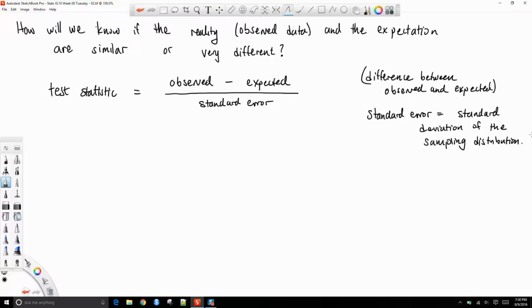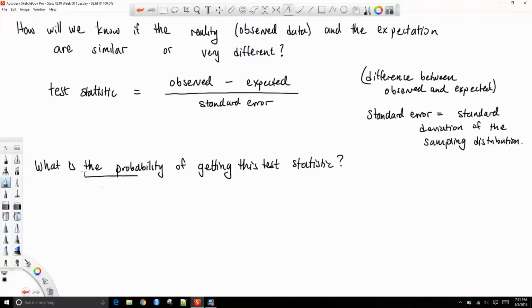Okay. All right, and so this is going to give us an idea, and what we're going to do is say what is the probability of getting this test statistic, okay? And this probability is called the p-value.